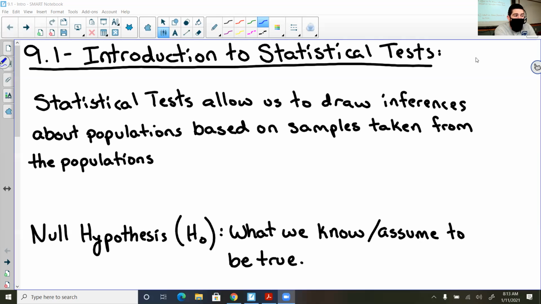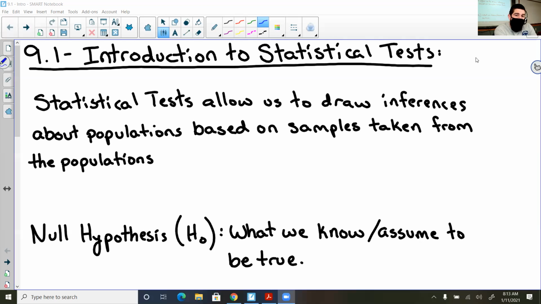So in our last chapter, we're going to be getting into the introduction to statistical tests. Before, with confidence intervals, we were just speculating, giving ideas with certain levels of confidence. With tests, we are going to be able to say either yes or no to something. So before we can say yes or no, we have to know what we're saying yes or no to.